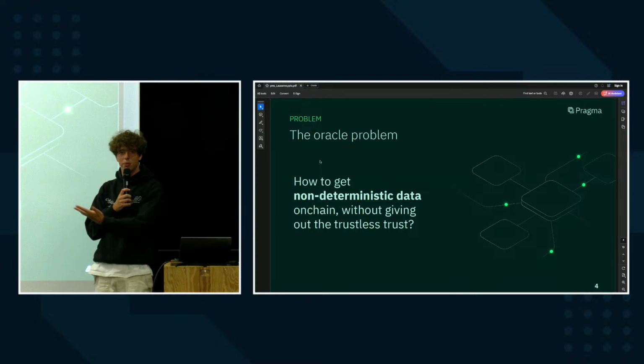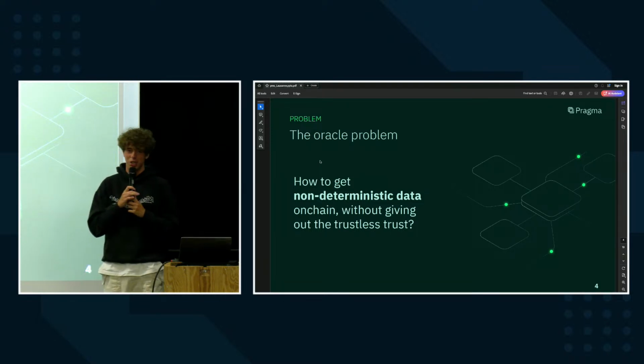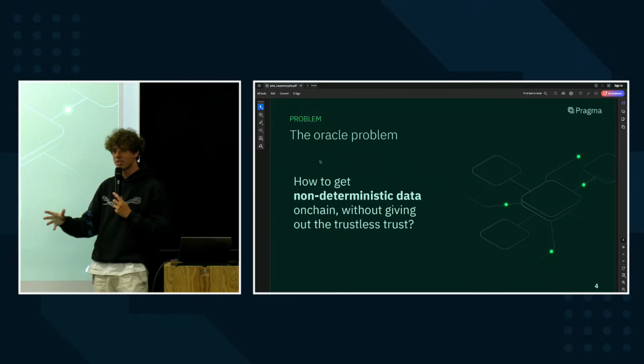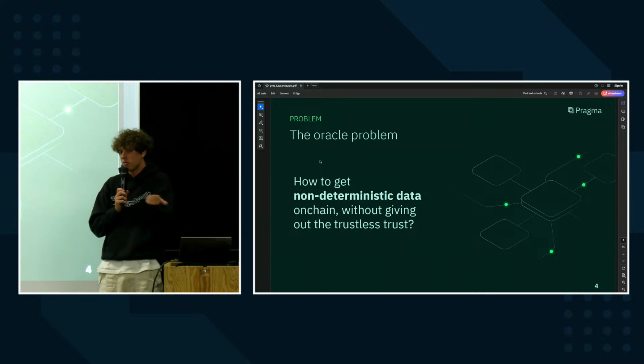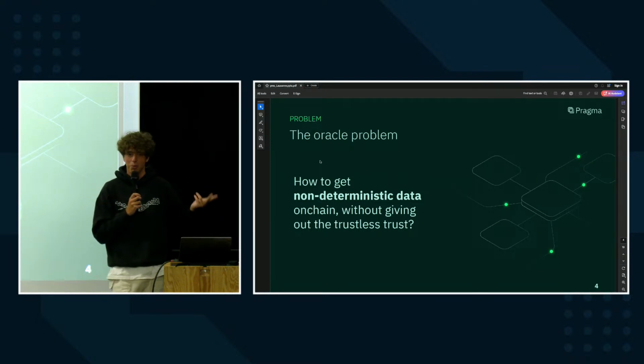And so what is Pragma? What do I do? There is something in blockchains called an oracle. Can you raise your hand if you're familiar with oracles in blockchain? Okay, pretty much everyone, but not everyone, so I will explain. The main goal of an oracle is to get non-deterministic, off-chain data on-chain, like what's the price of Bitcoin, what's the weather today, who won the Champions League.